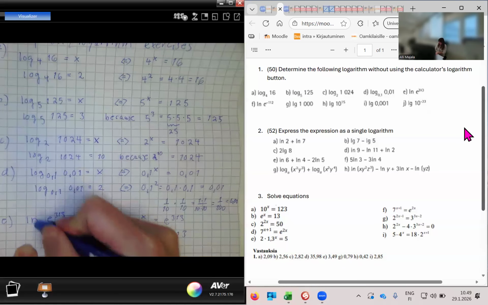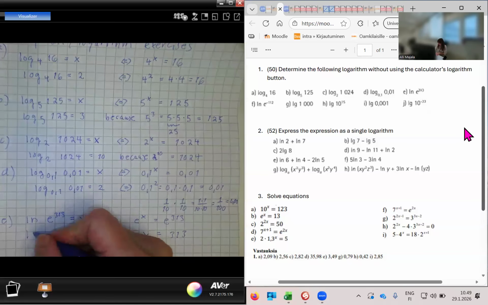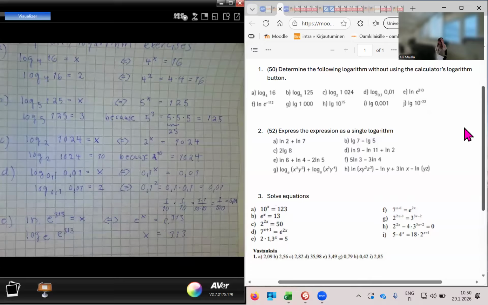Again, I don't remember what ln meant. The log, the base. So then you can already see that, okay, this must be 313.